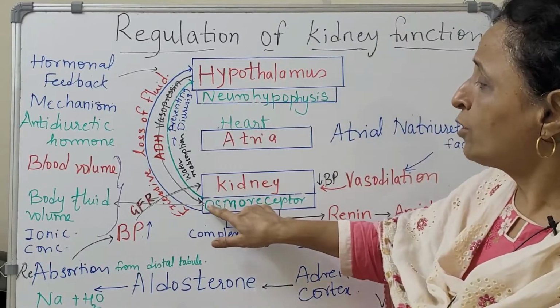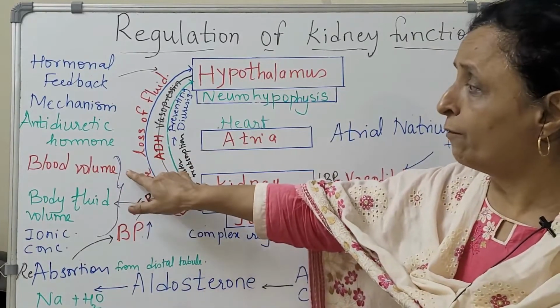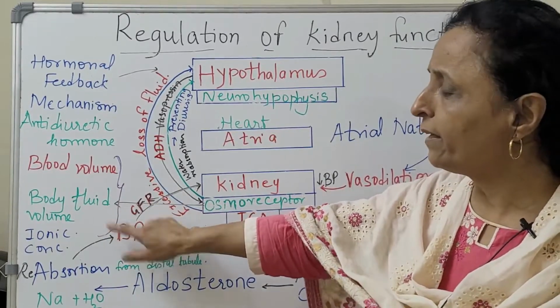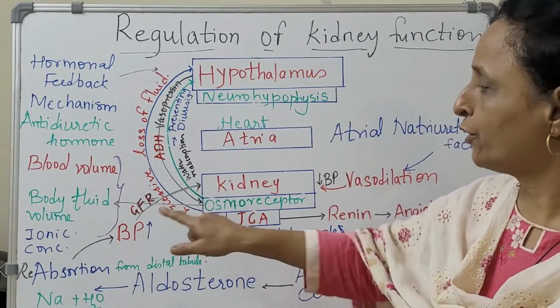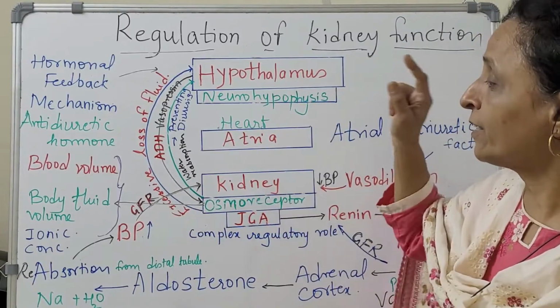If the blood volume, body fluid volume, or ionic concentration is not maintained, these osmoreceptors will be affected.